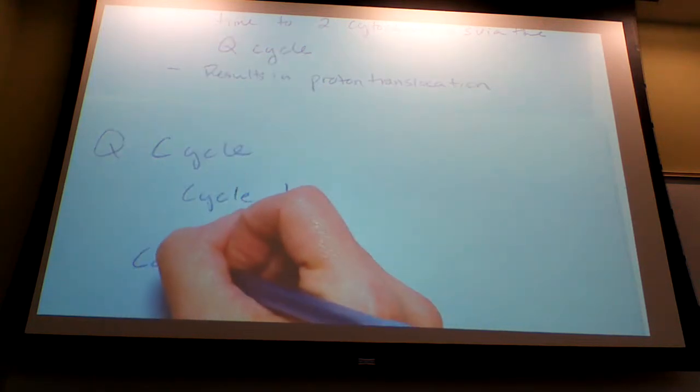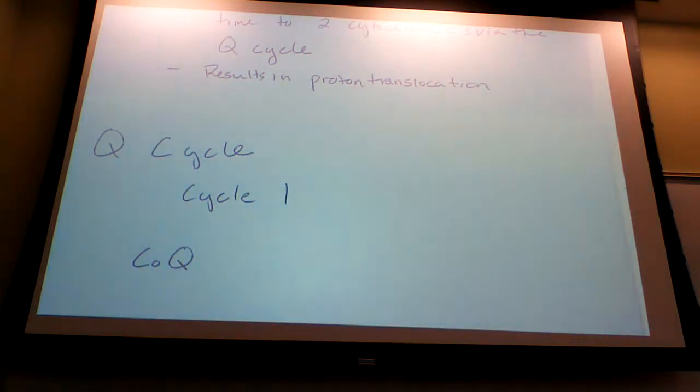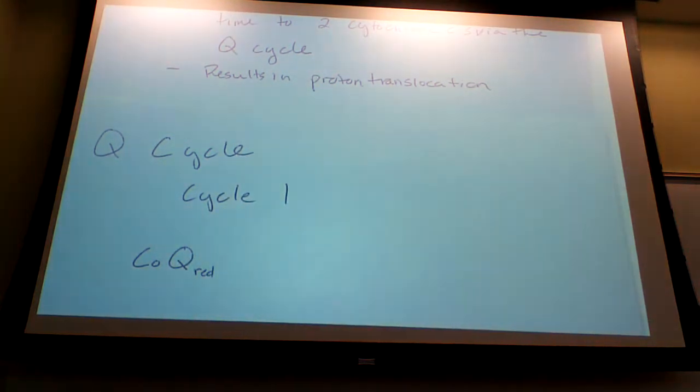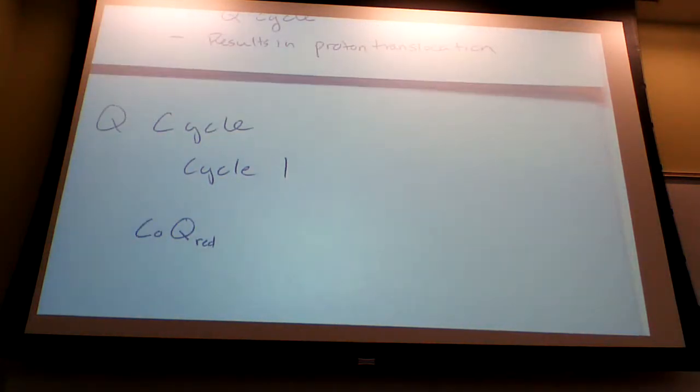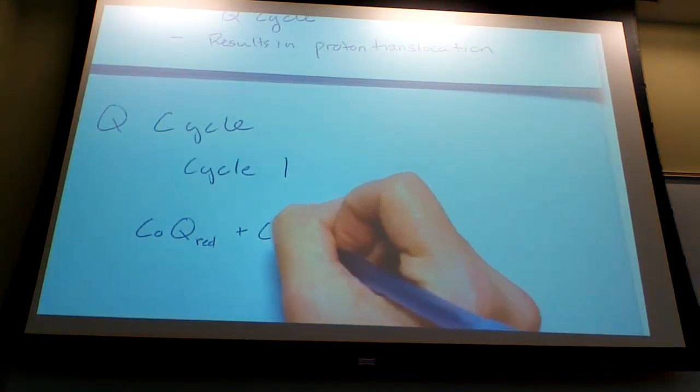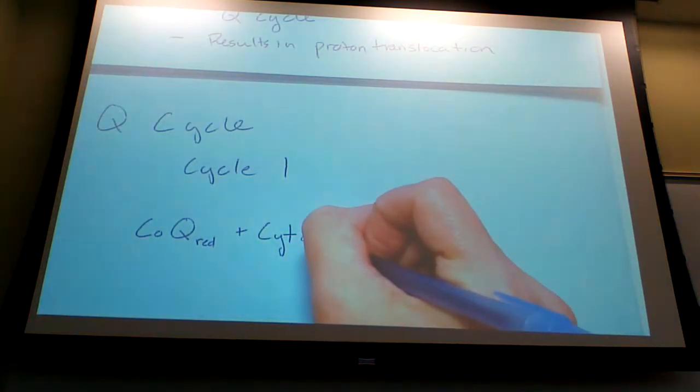Coenzyme Q, and in some books they put H2 to show that it's reduced. I'm just going to put a little R to say it's reduced more. Plus the cytochrome C1.